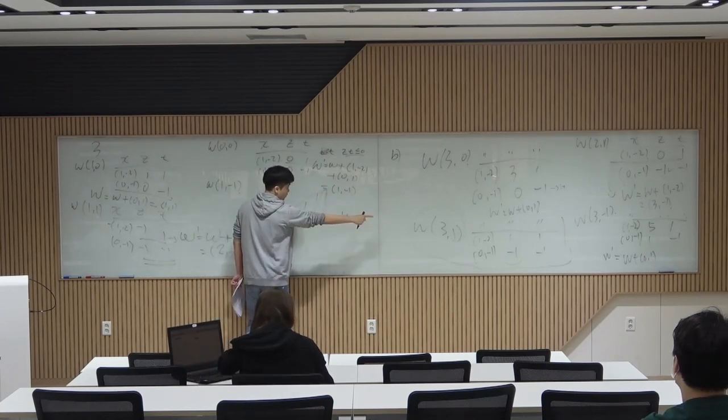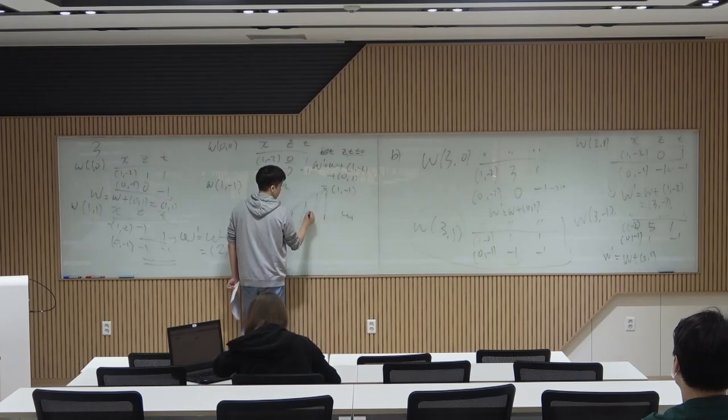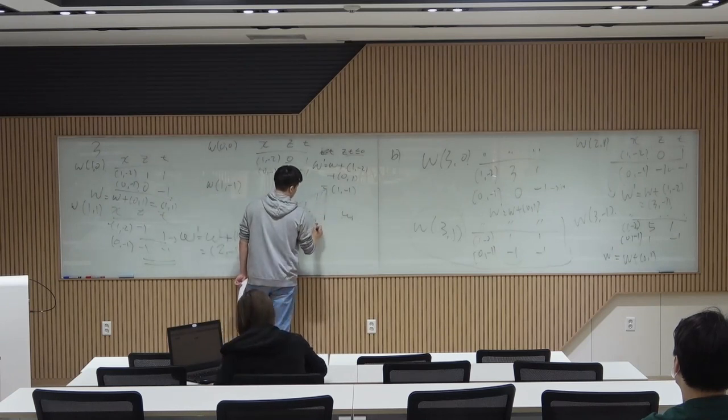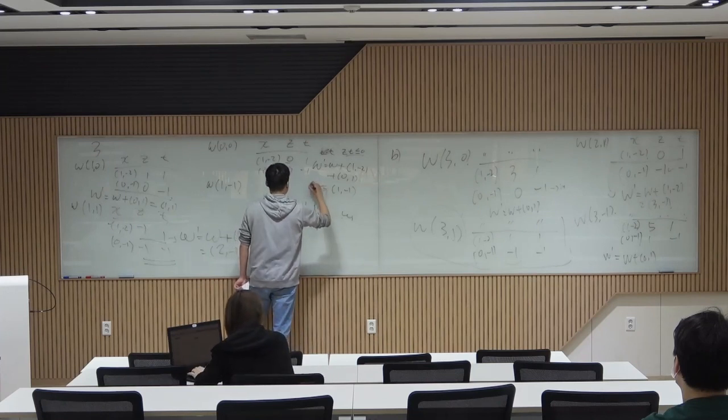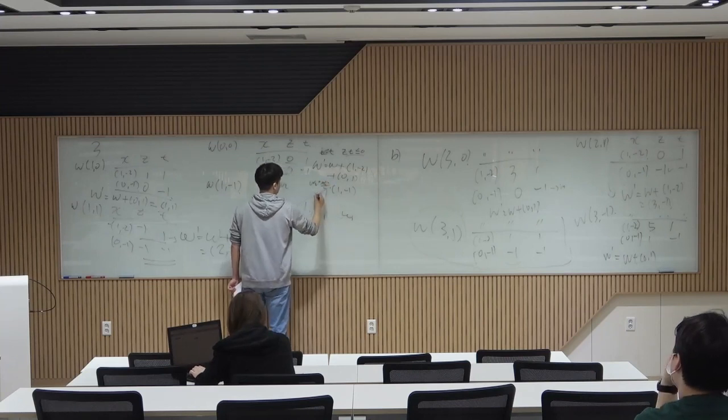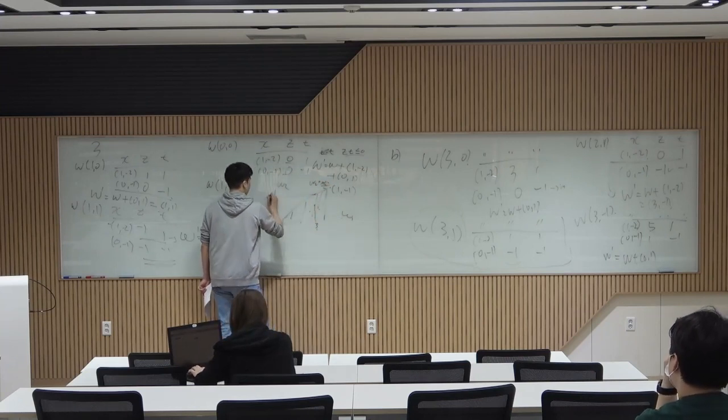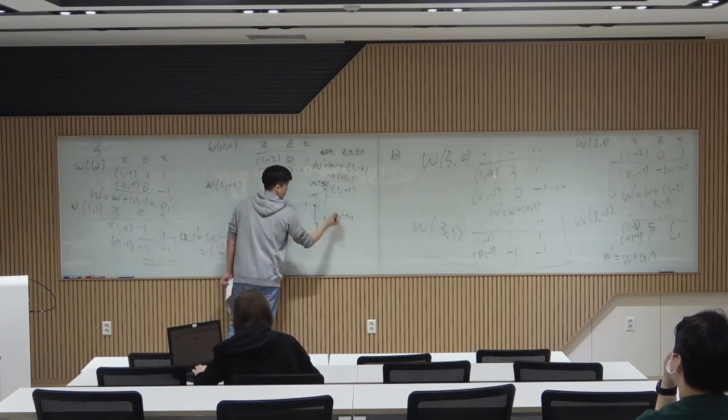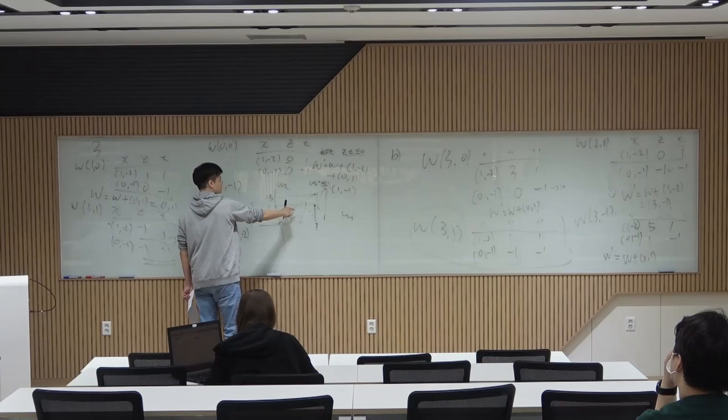So the weight 3, 1 should be within this region. So let's figure it out. So 3, then 1, because omega 2 is equal to omega 1 over 2. This should be 1.5. But what we need is 1 here. So 3, 1 is indeed within the space, okay?